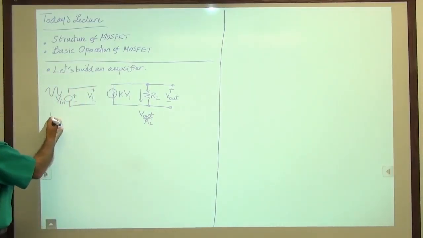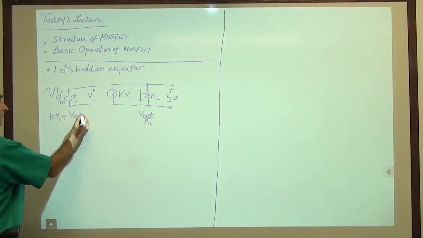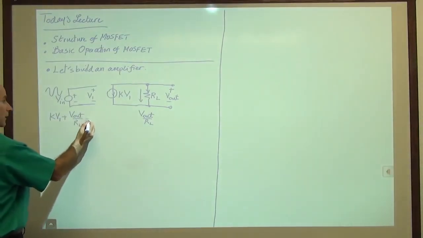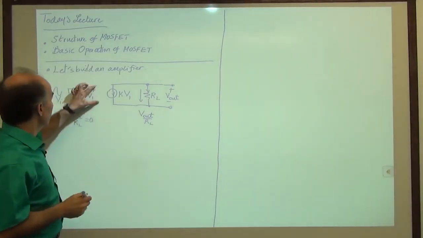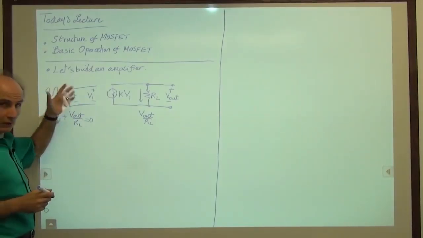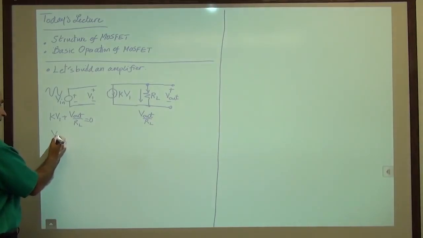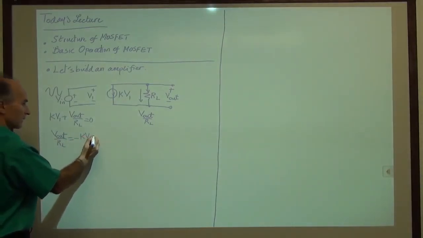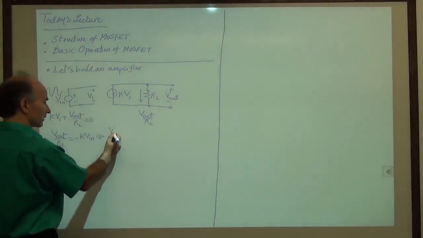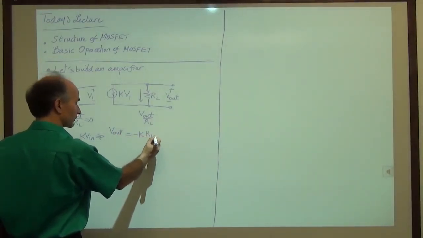So we write KV1 plus V out over RL equals 0. How much is V1? Well, V1 happens to be V in this particular implementation. So I can say V out over RL equals minus K V in, and that means V out is equal to minus K RL times V in.